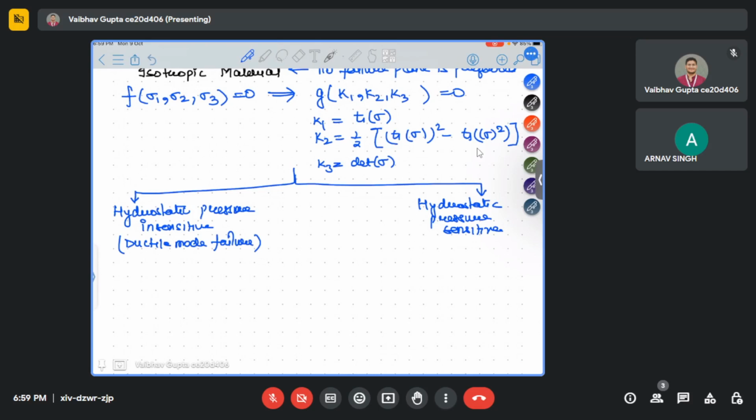It will crack suddenly. But steel will not crack. It will just stretch. If you stretch the steel bar, it won't crack like glass. Understood? So delaying the brittleness of the failure is known as ductile mode of failure. Sudden failure is not there in ductile mode.